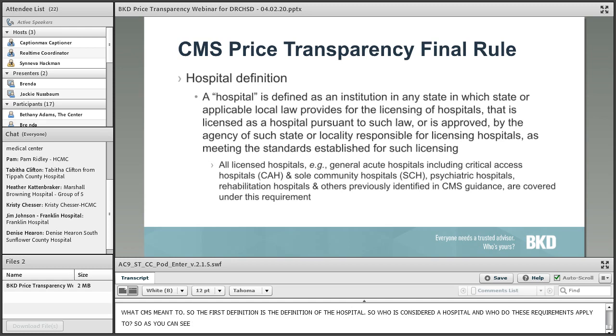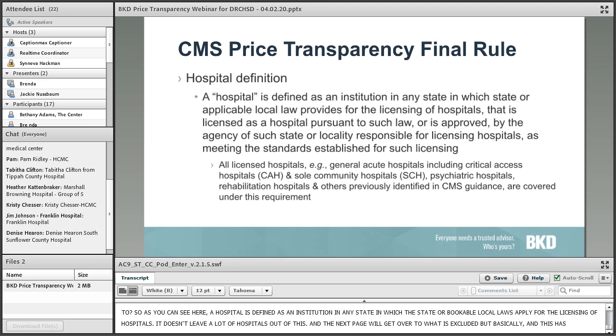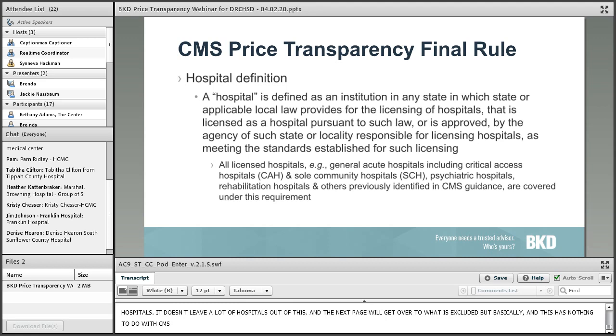So who is considered a hospital, and who do these requirements apply to? So as you can see here, a hospital is defined as an institution in any state in which the state or applicable local laws provide for the licensing of hospitals. And so it really, as you read the definition, it doesn't leave a lot of hospitals out of this. And the next page we'll go over a few that are excluded.